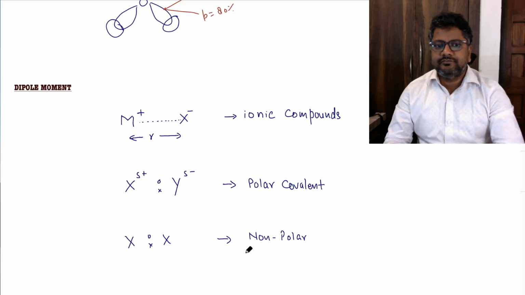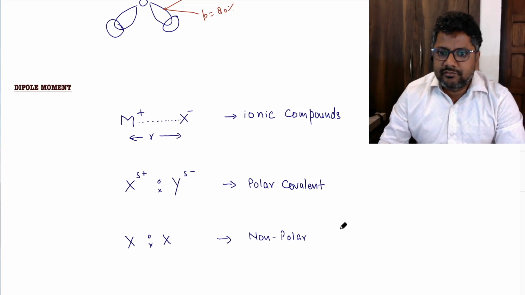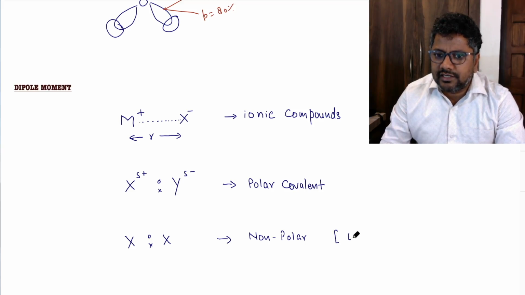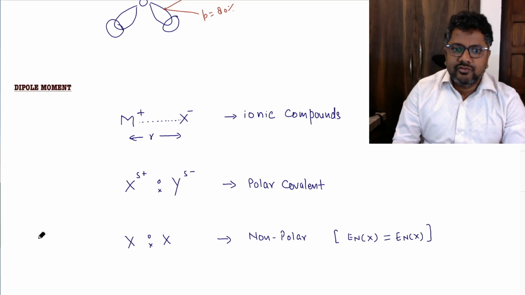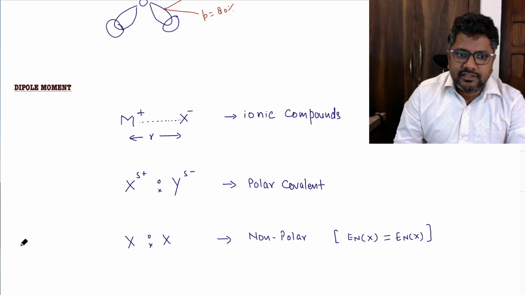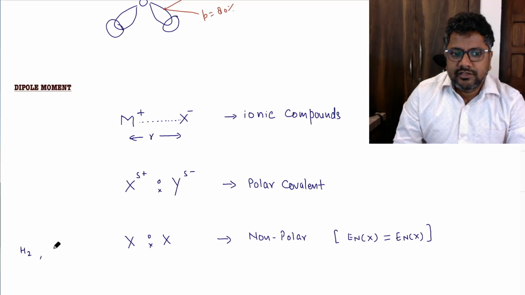You can easily argue that the electronegativity of X is equal to the electronegativity of X. In this category you can see examples like H2 and O2.